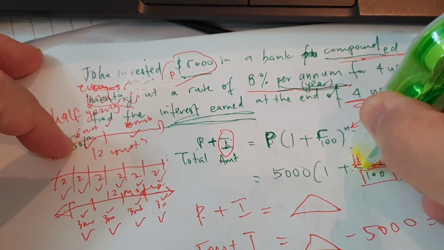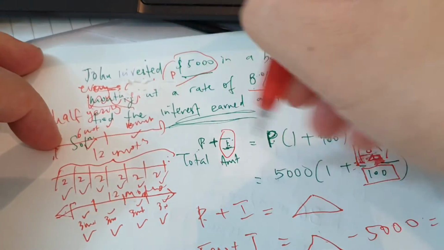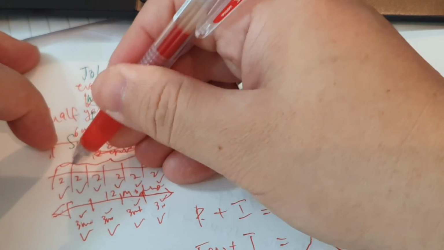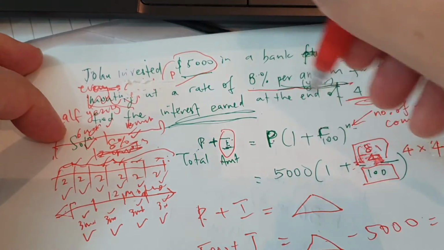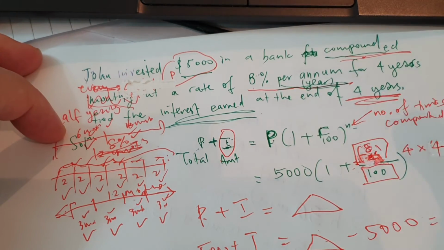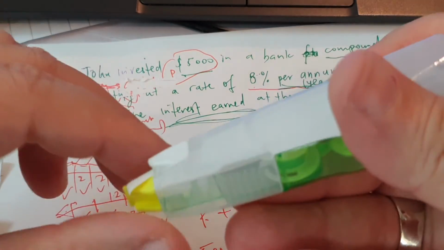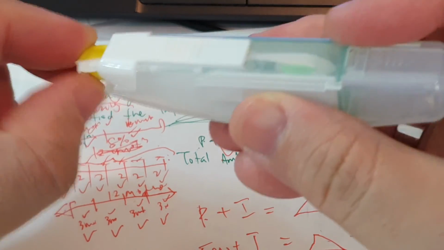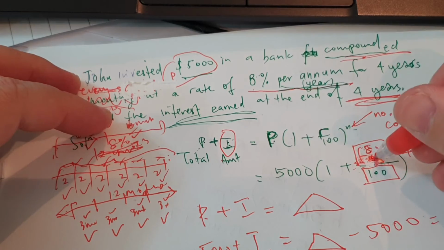You think of it this way: the 8% is split equally, and this one is 2 times. Then this will be 2. Okay, never mind, this one is 2. So I hope it's clear.